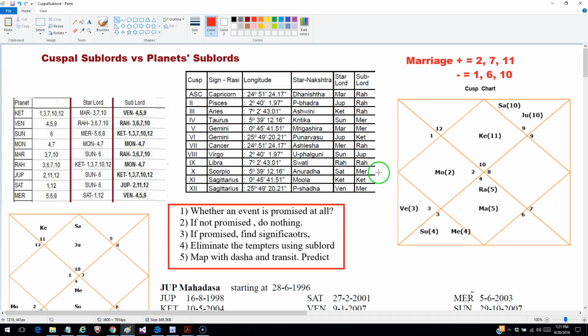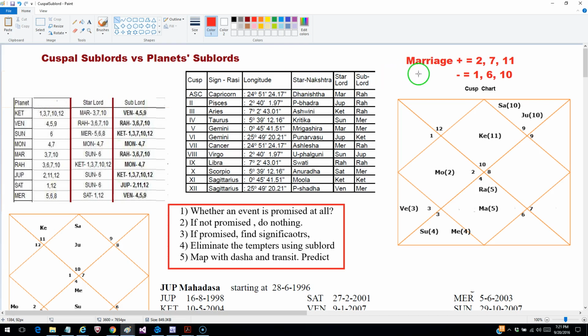Then you have to look at whether marriage is promised at all or not. In Krishnamurti Paddhati, the rules are universal. They don't change according to the horoscope. There are no yogas, and you don't have to get into all these divisional charts and nothing of that sort. It's all just based on the cusp and the planets.